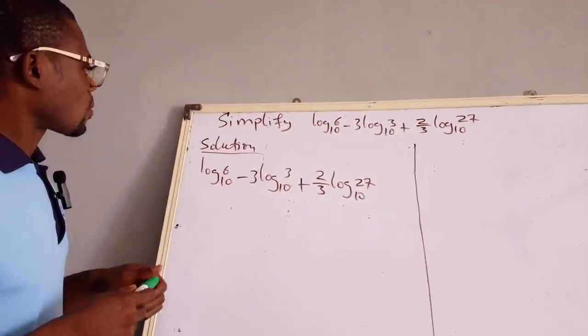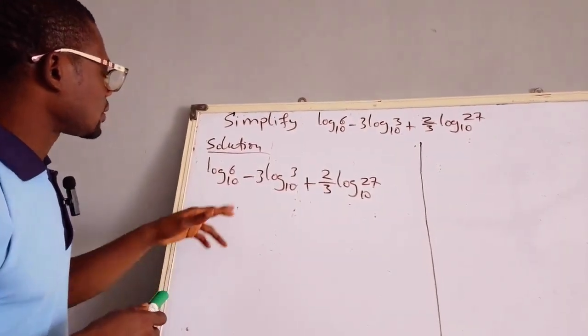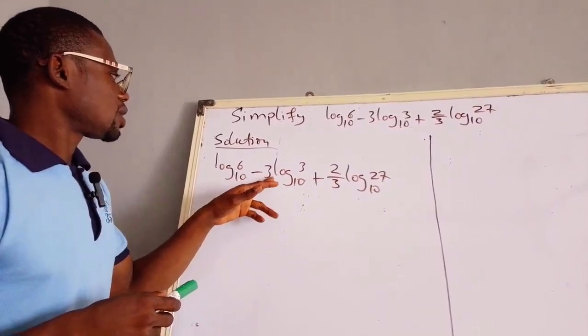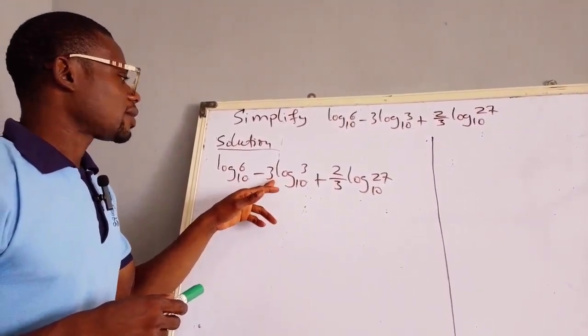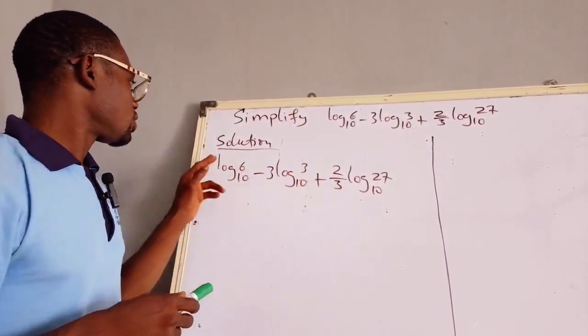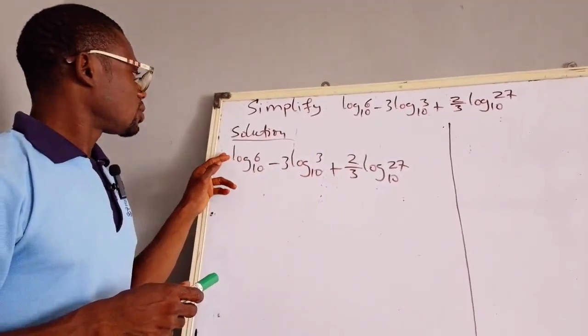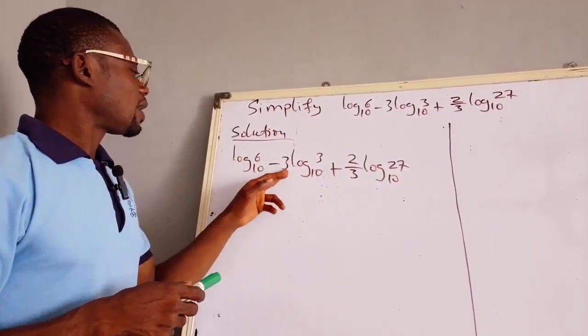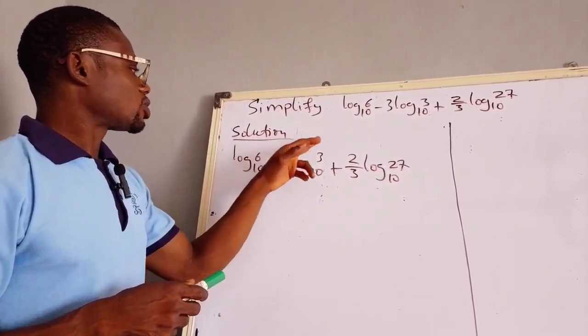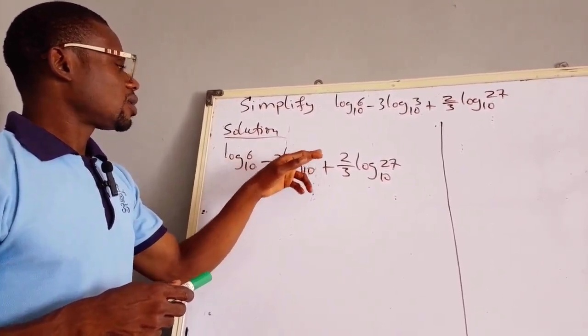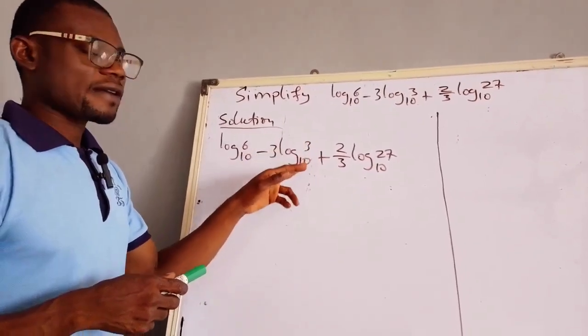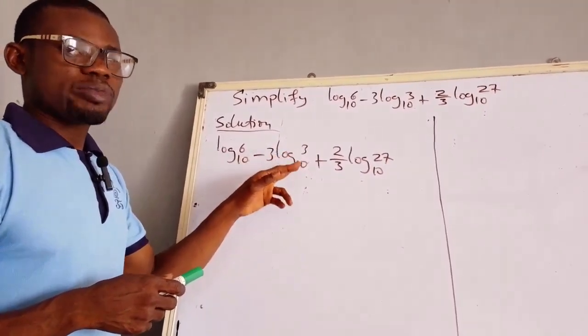Okay, so if we look at this, we find out that there is a multiplier here. There is also a multiplier here. This one doesn't have a multiplier. Of course, it has a multiplier, but it's 1. So this multiplier, I will bring up to become the exponent, so that this log will not have a multiplier.